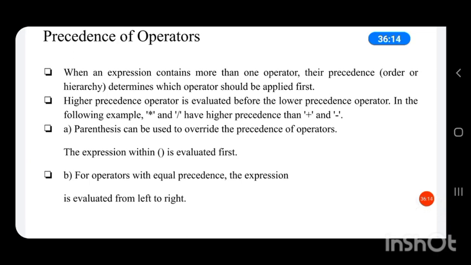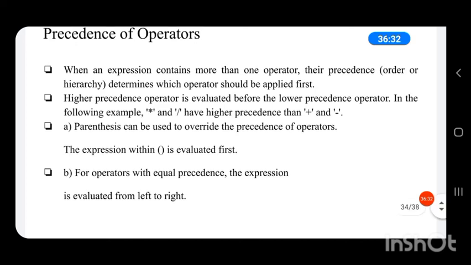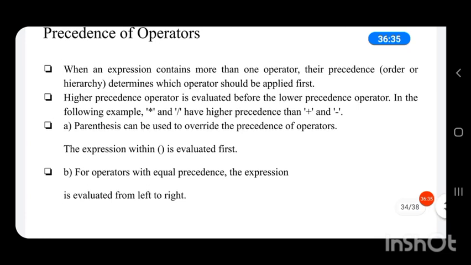If two operators have the same precedence, then the operation is evaluated from left to right. Suppose a plus 2 plus c plus 3, then both plus symbols have the same precedence, but the evaluation will start from the left. That is, a plus 2 is calculated, then c plus 3 is calculated, from left to right.